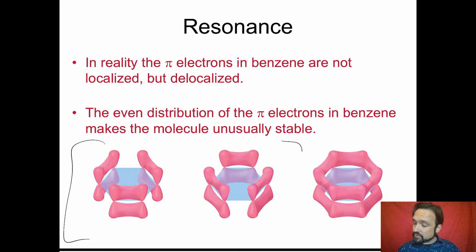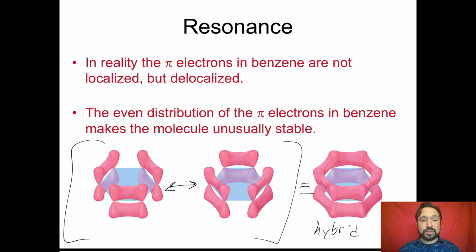So if we think about these 2 structures as being the resonance structures that I could draw, my hybrid gives us a good picture of what that delocalized system actually looks like, which is a ring of electron density above and below the plane of the molecule, which gives benzene a bunch of interesting properties like how it'll stack, how it solvates some things. We talk about this deeper as we go further into chemistry, but for today, we want to focus on the idea that putting these pi bonds together and delocalizing the electrons means it's going to have a distinctly different behavior than if these electrons were always localized between 2 atoms.